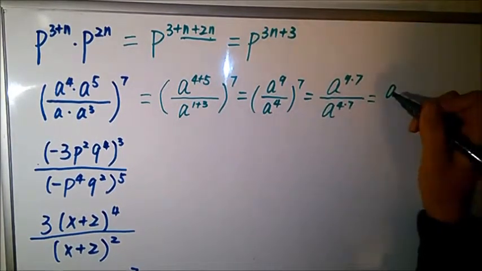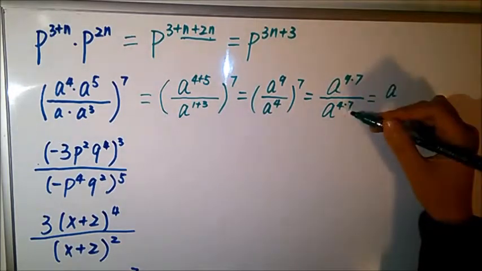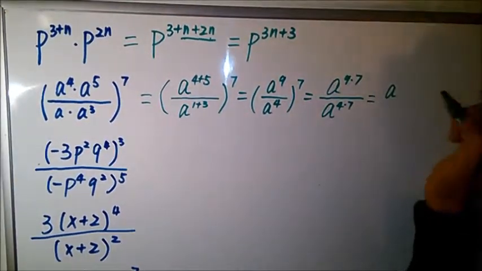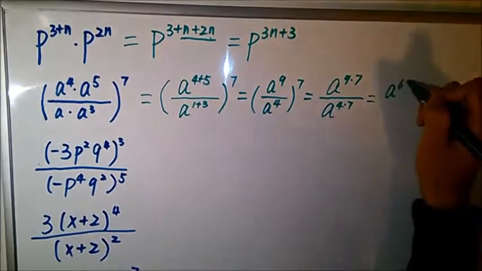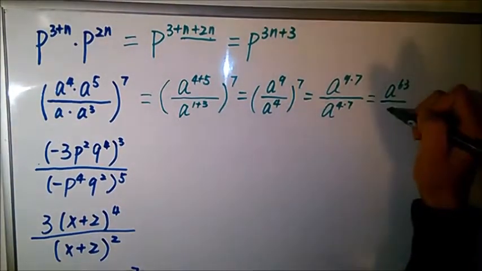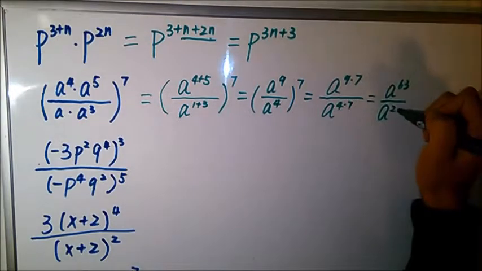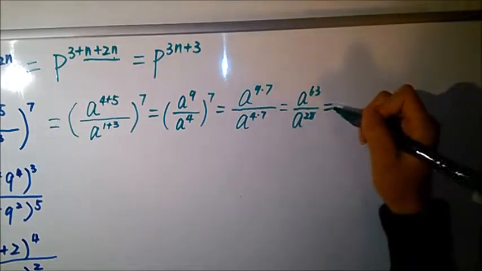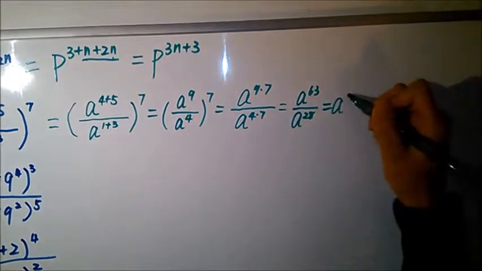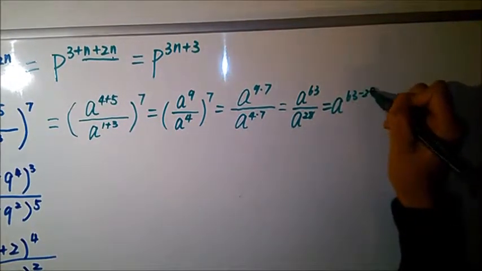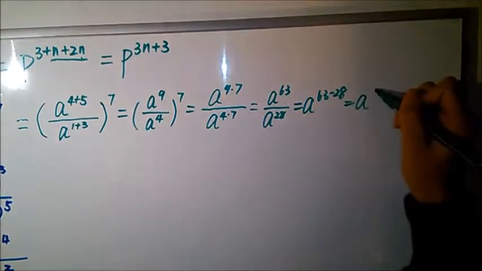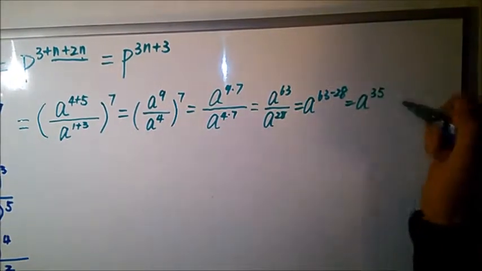We could have done it the other way, but this is just for you to see a different way of doing things. So a to the 9 times 7 is 63. So the top is a to the 63rd power, and the bottom is a to the 28th power, because 4 times 7 is 28. Good. We can subtract 28 from 63, and we're going to get 35. So the answer should be a to the power of 35. Great.